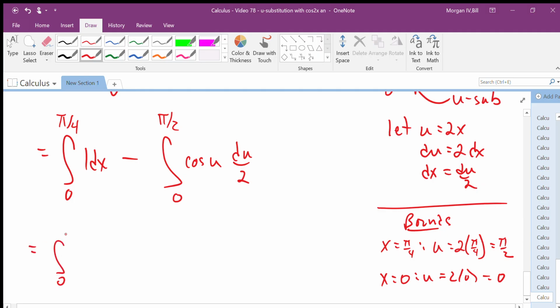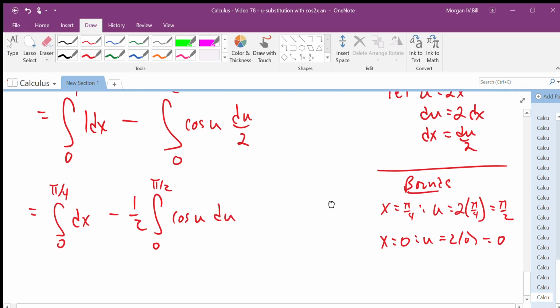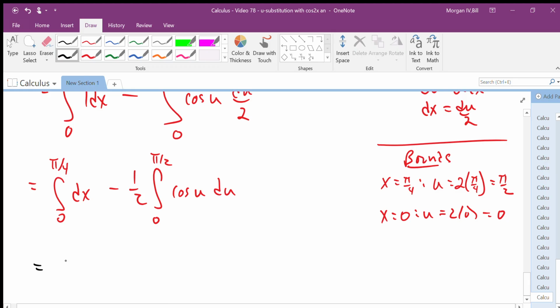So we have the integral from 0 to pi over 4 of dx minus 1/2. I'm pulling this 2 out as a 1/2, this 2 in the denominator. Integral 0 to pi over 2 cosine u du. And now I can integrate. The integral of dx is just x, and I'm going to evaluate that from 0 to pi over 4.